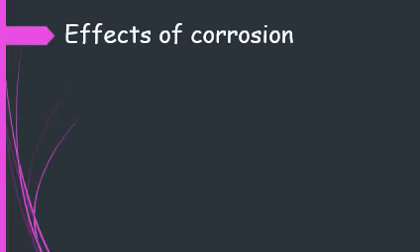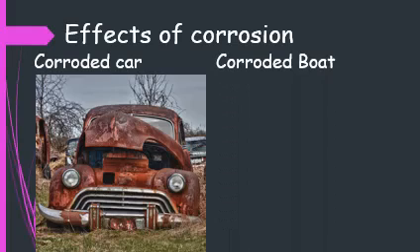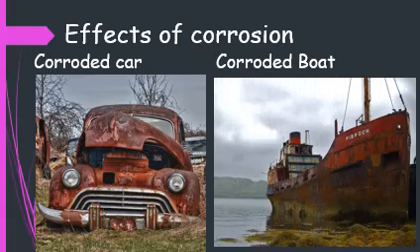Some more examples of effects of corrosion. We can see over here a corroded car. So the car machinery also gets corroded because basically it is made out of iron, as iron is the cheapest metal. Another one we can see over here is a corroded boat.